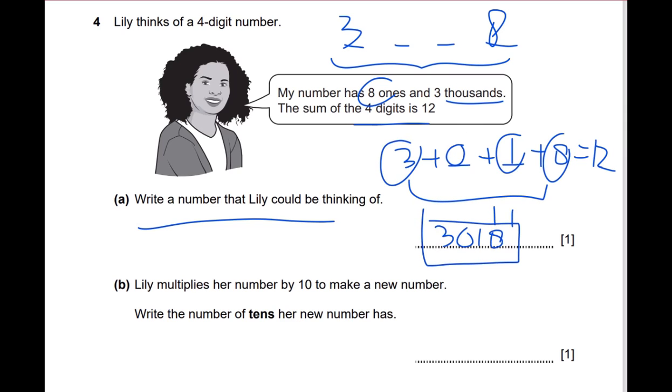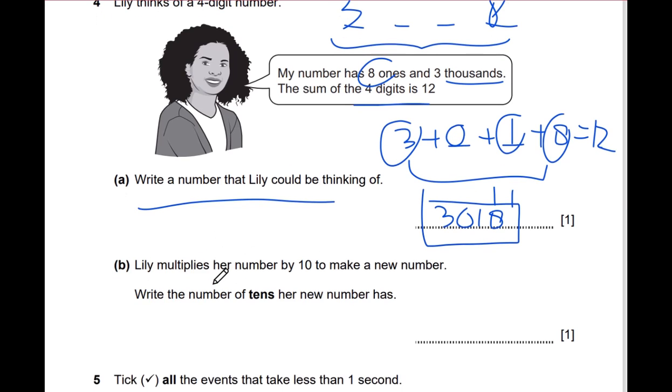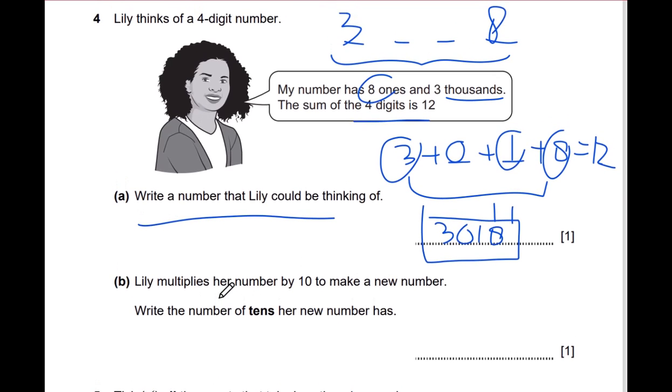Next, Lily multiplies her number by 10 to make a new number. Write the number of tens in her new number. So multiply her number by 10, it means 3018 times 10.